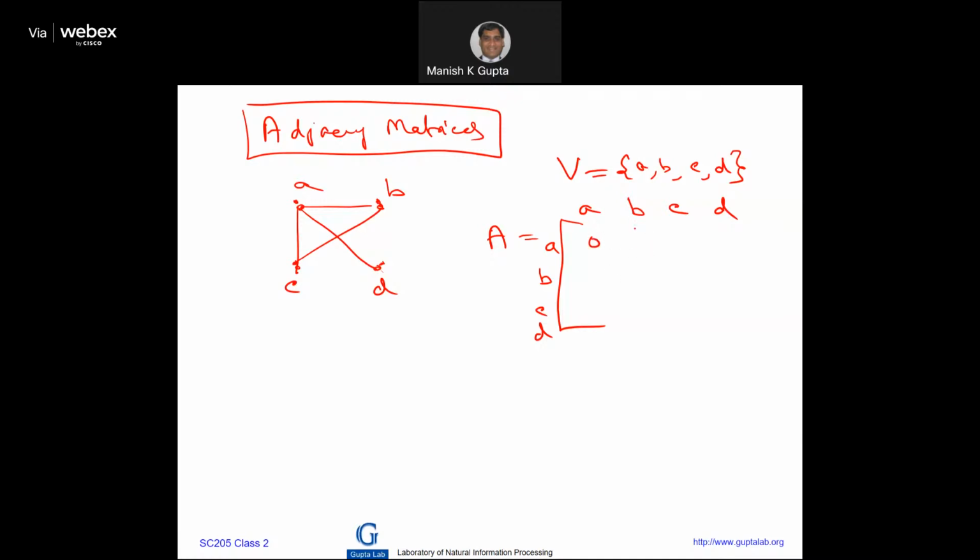I mean, there is no loop, right? So simple anyway. A is connected to B, yes. C, yes. D, yes. B is connected to A, so 1, 0, 1, 1, 0, 0, 1, 0.